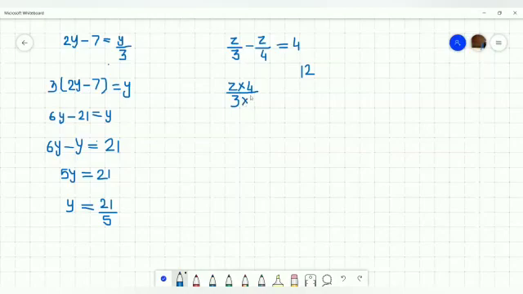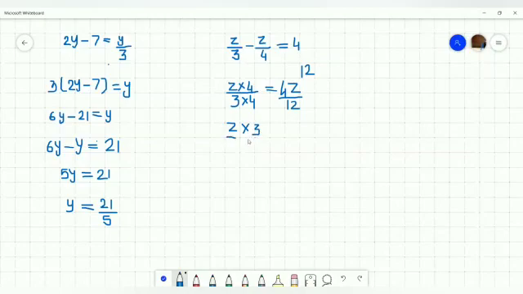So 3 into 4. So it will be 4Z upon 12, and this Z upon 4 we can write as Z multiply by 3, because 3 4s are 12.